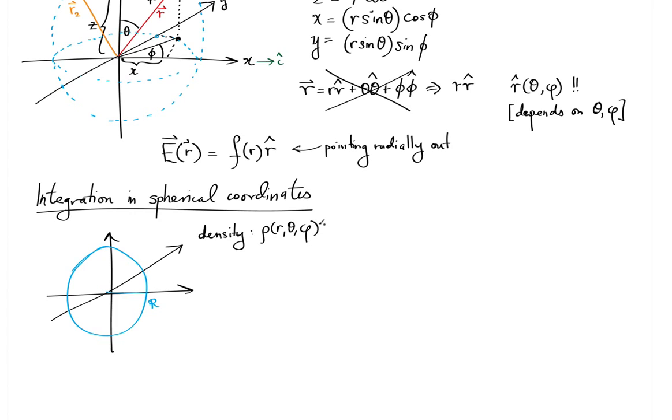For problems that have spherical symmetry, we'll generally deal with problems where it may just be a function of r and not of theta and phi. In this class, almost all the problems you'd want to solve in spherical coordinates have a density that is only a function of r. But I will start off with a completely general assumption that it could be some function of r, theta, and phi, and we need to integrate this density to get the total mass.